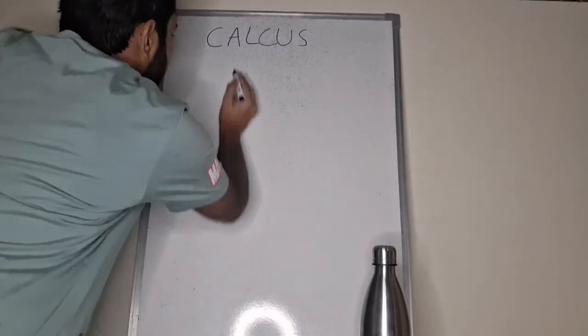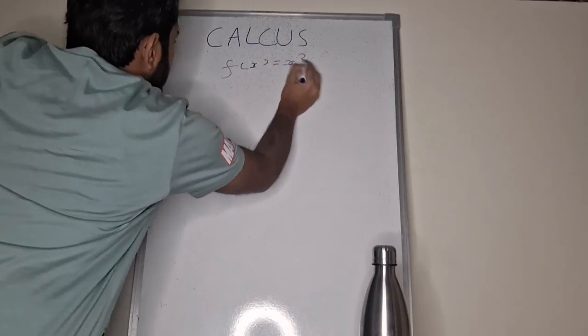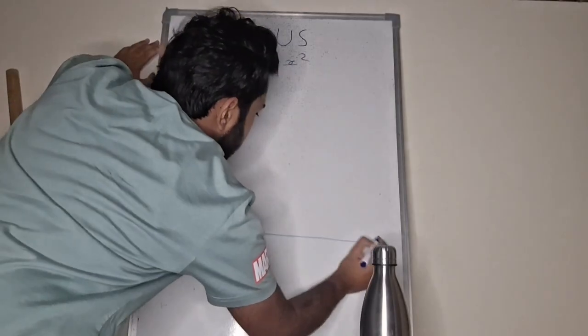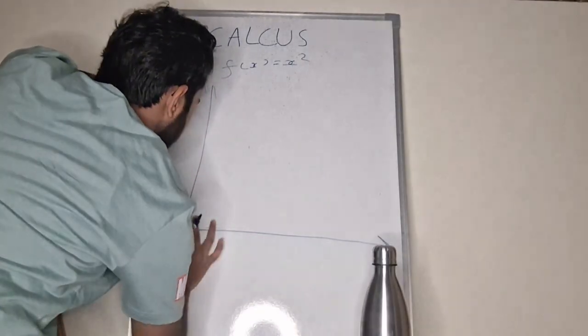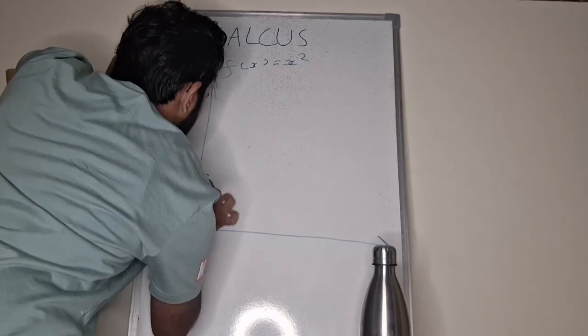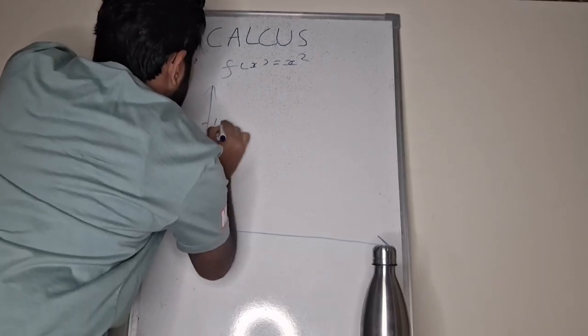Let's take the equation f(x) is equal to x squared. This is the most common one. We will have 1, 2, 3, 4, 5, 6, 7, 8, 9.